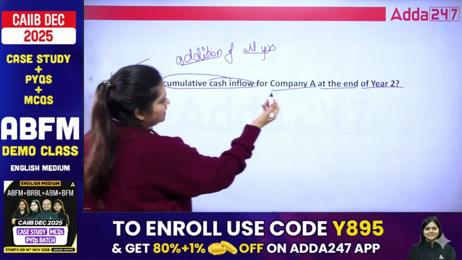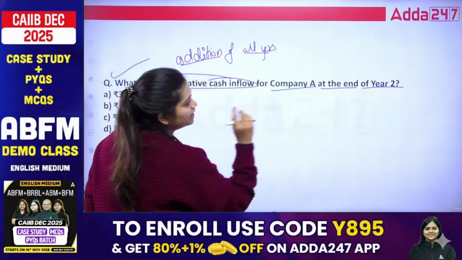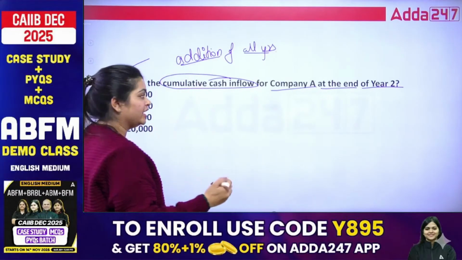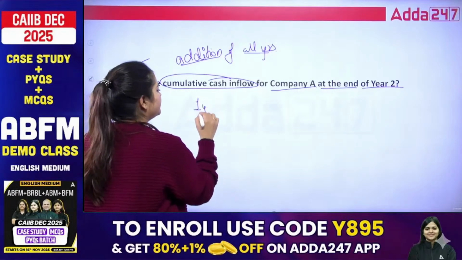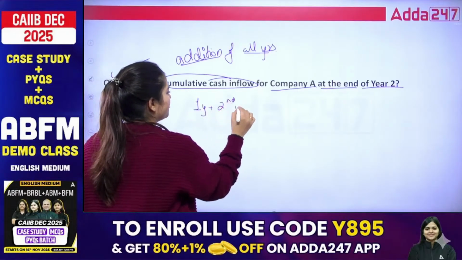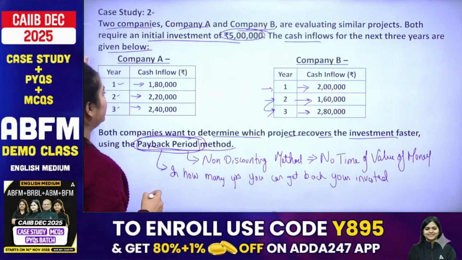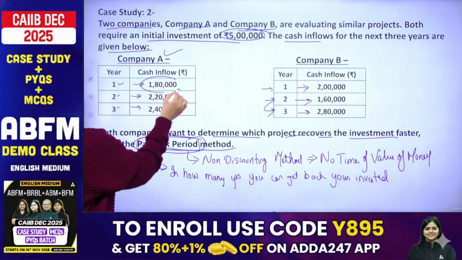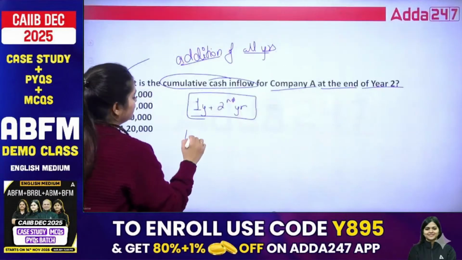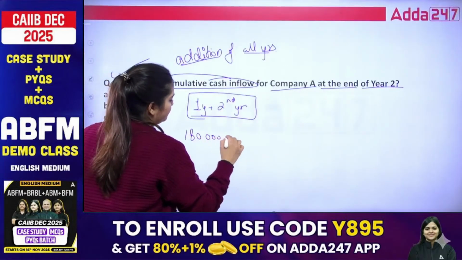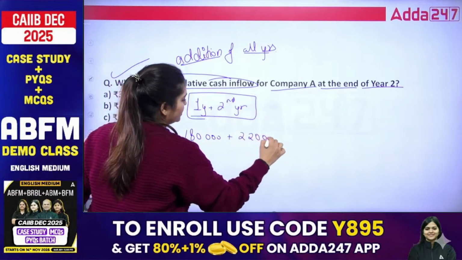So if I'm telling you to calculate for the end of the second year, it means you are going to add the first year plus the second. Yes, you are going to add these 2 years' cash flow. And which company are they talking about? Company A. 1 lakh 80 and 2 lakh 20. So this is going to be 1 lakh 80 plus 2 lakh 20.